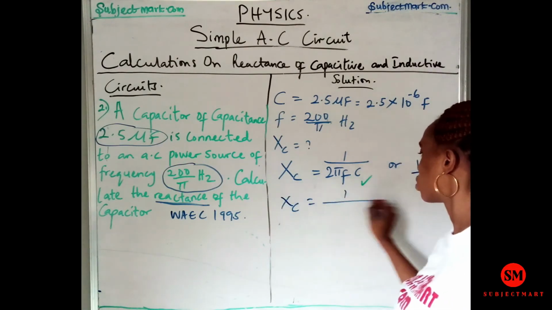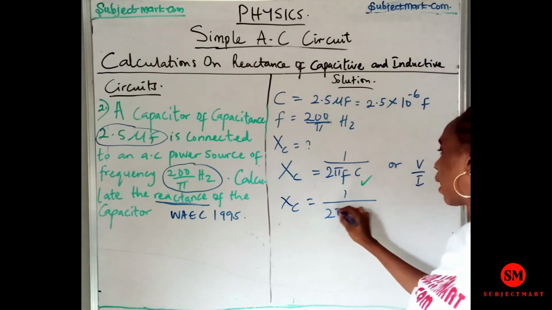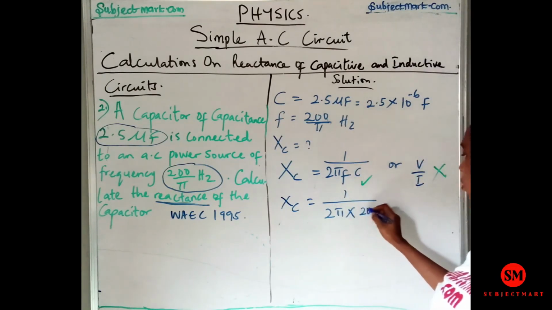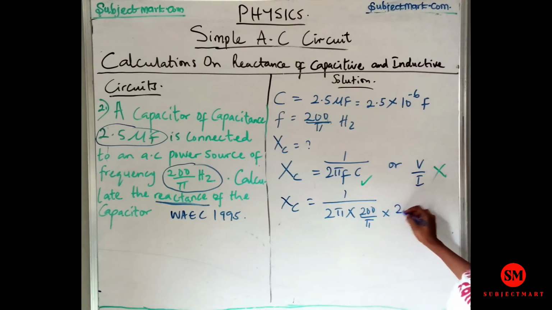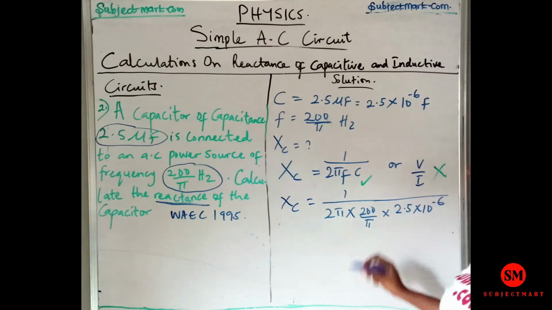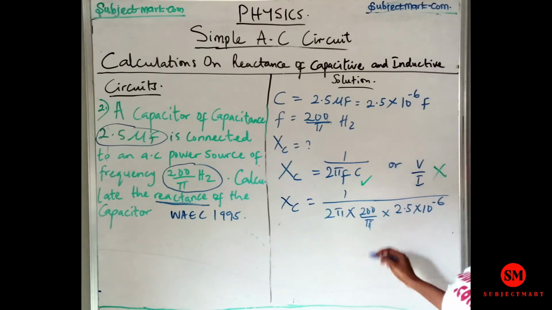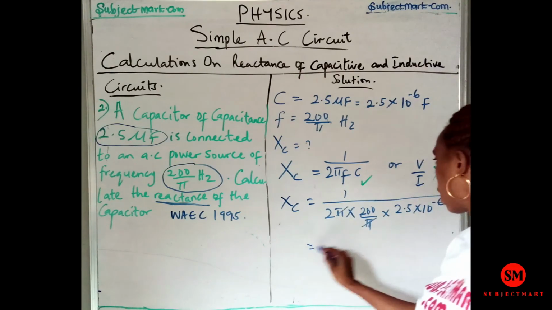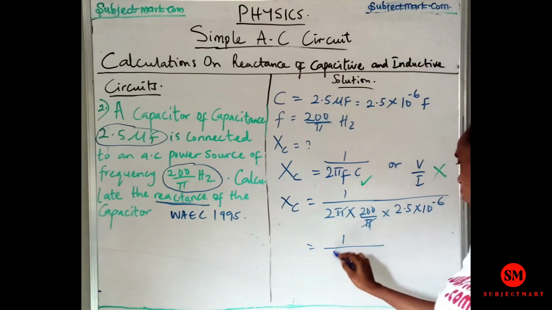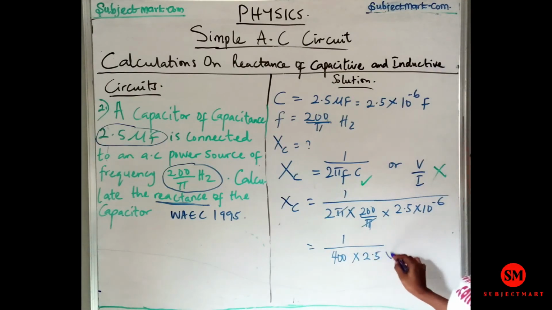Our XC therefore is 1 over 2 pi times frequency 200 over pi times C, which is 2.5 times 10 raised to power minus 6. Pi cancels pi, so I have 1 over 400 times 2.5 times 10 raised to power minus 6.